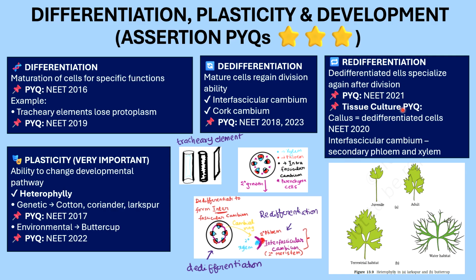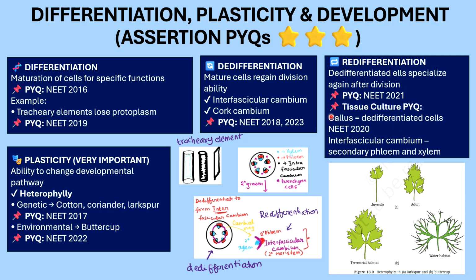In contrast, in tissue culture also, when the callus which is obtained from a section of a leaf or a node, the differentiated cells again form root or shoot, then that is an example of redifferentiation.